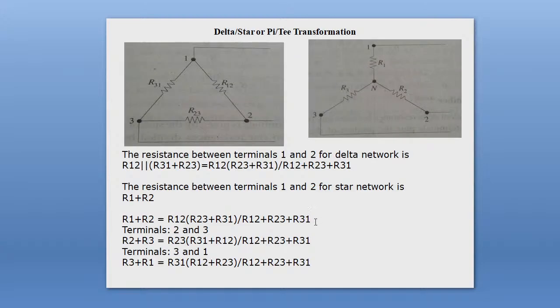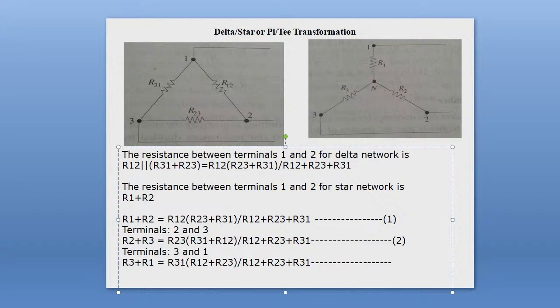If we subtract equation 1 from 2 and add to the result equation 3, suppose you write this is equation 1, this is equation 2, and the third one is equation 3.